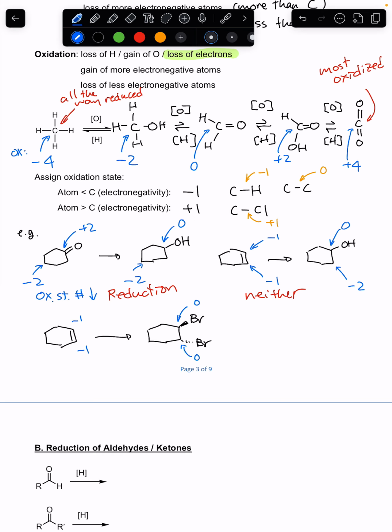So you notice the total oxidation state went from -2 to 0. That's a gain of oxidation state number. So this is an oxidation reaction, because the oxidation state number went up.